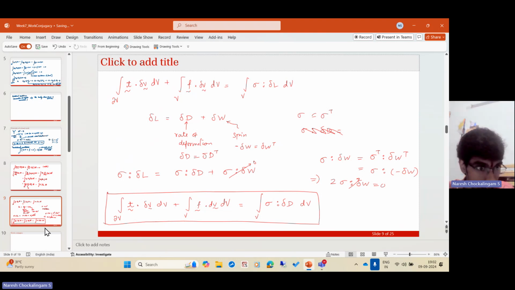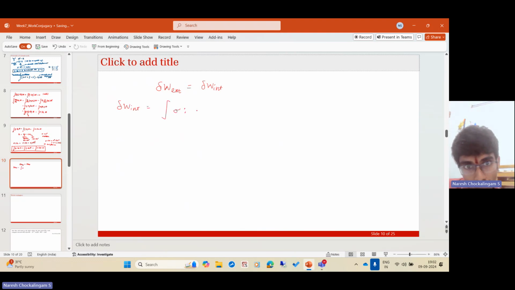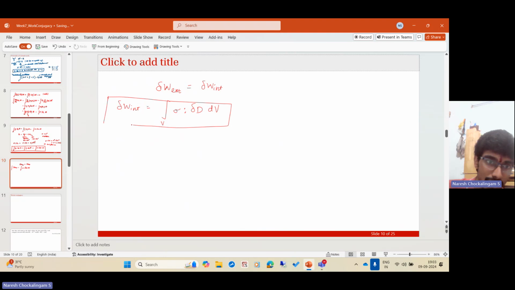So concisely, you can express this as: the net virtual work done by the external forces is equal to the net virtual work done by the internal forces, where the internal virtual work done is given as σ double dot δD integrated over the volume. Now, this gives rise to the notion of work conjugacy.